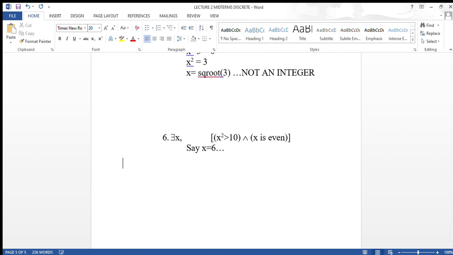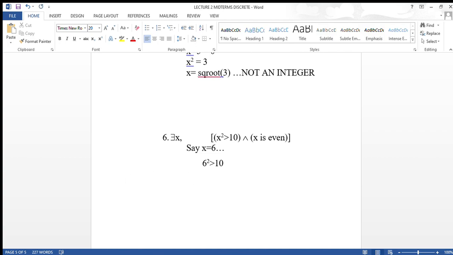So if x is 6, we get 6 squared is greater than 10, right?